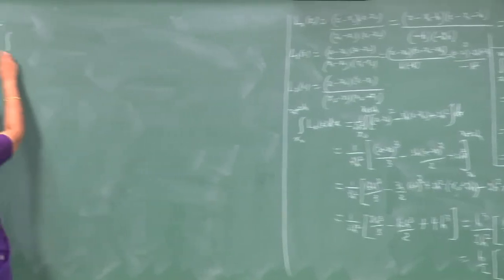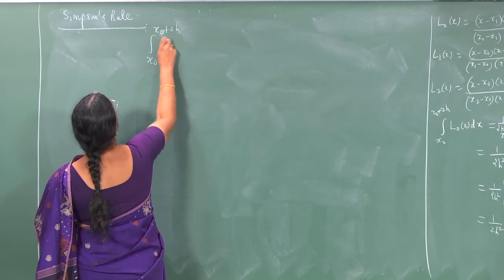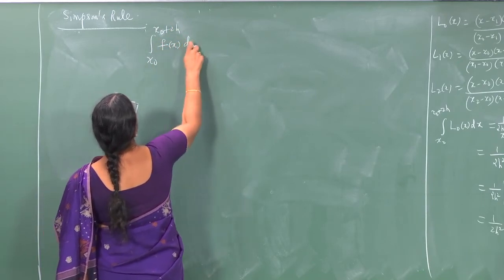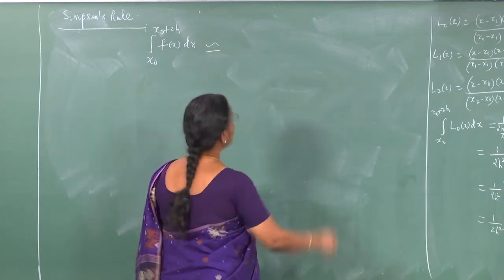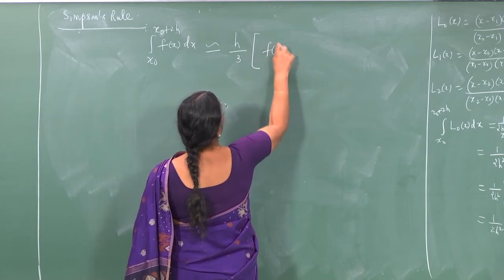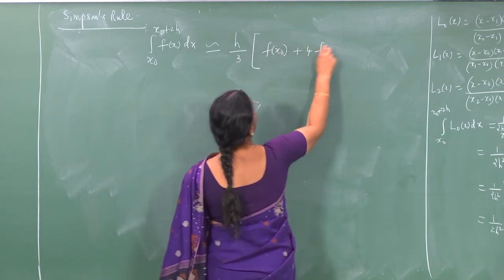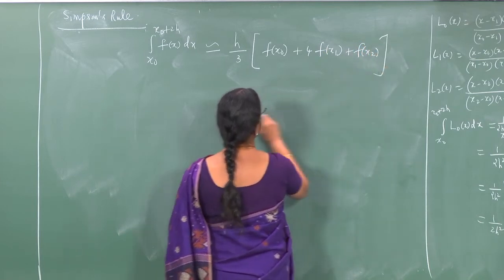So, let us see what this formula tells us. If we want to evaluate the integral of f of x dx between x0 and x0 plus 2h, then it is h by 3 times f of x0 plus 4 times f of x1 plus f of x2.